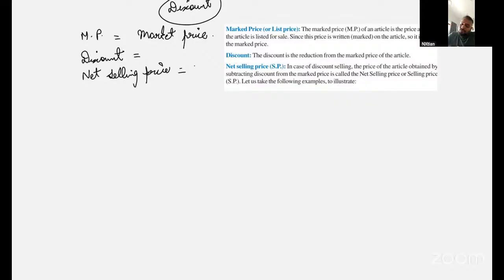I don't know if you guys experience this or not. Around Diwali time, Amazon brings the Great Indian Sale and Flipkart brings the Big Billion Days sale. I experienced it, what about you? You guys have a lot of time, you can experience that.